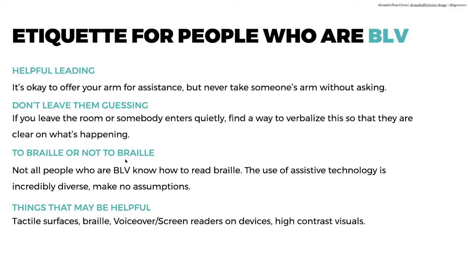And the use of technology is incredibly diverse. There are keyboards that pop up Braille. It reads the screen, and Braille pops up through these metal pins. It's super cool to see. But not everybody has the means for that, and not everybody can read Braille. So make no assumption.